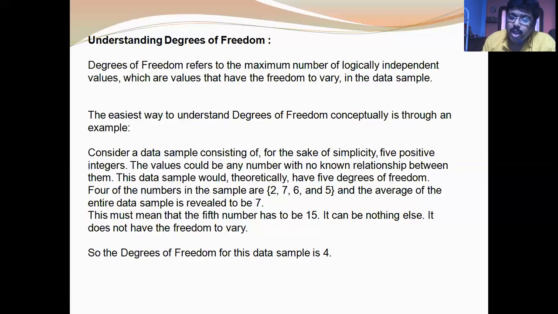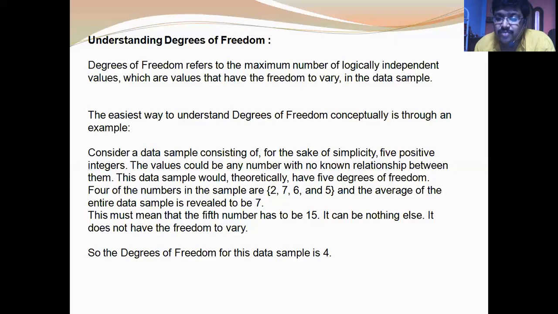So we have five integers and one number, that is the 15, which does not have any freedom to vary. So what is the degrees of freedom?